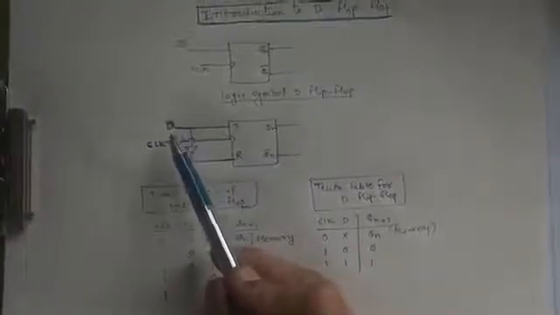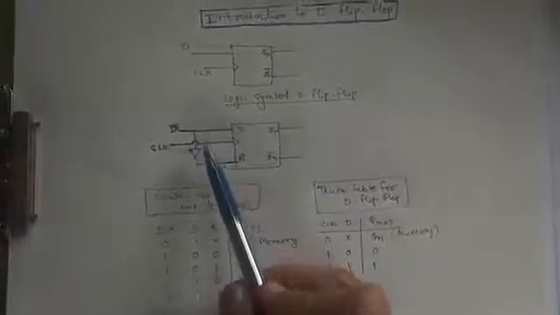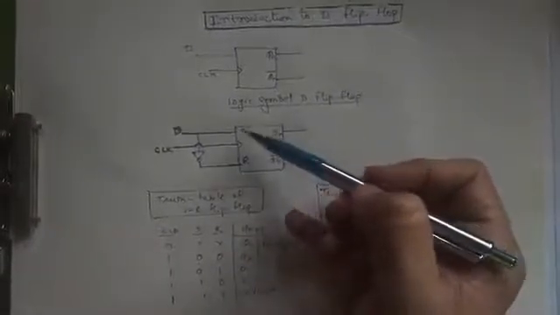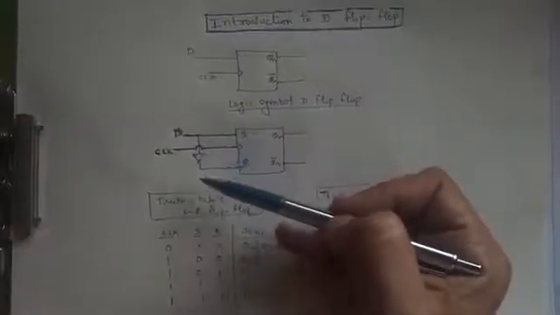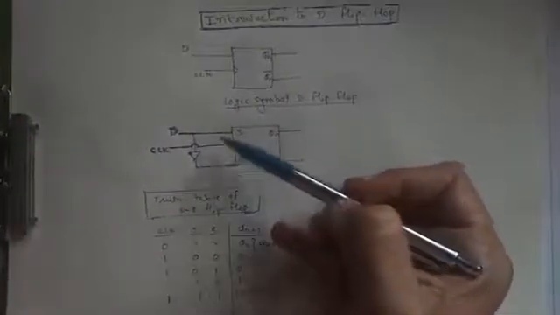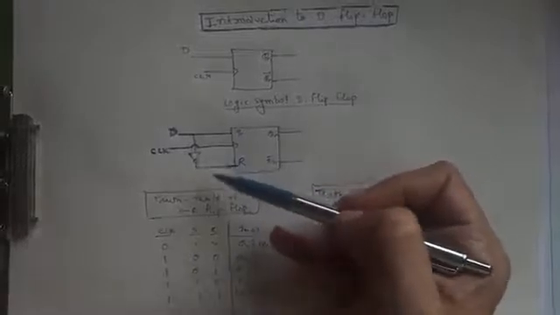As you can see, there is only a single input, and what we have done is we have connected an inverter to the S input, and hence it makes the D flip-flop.